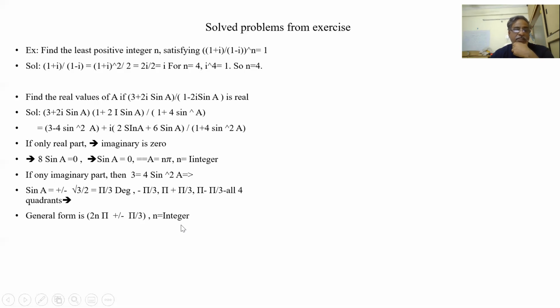Here n is an integer. If n is 0, then it will become plus or minus pi by 3, first and fourth quadrant. If n is 1, I am getting 2 pi plus or minus pi by 3. We can also write n pi plus or minus pi by 3.